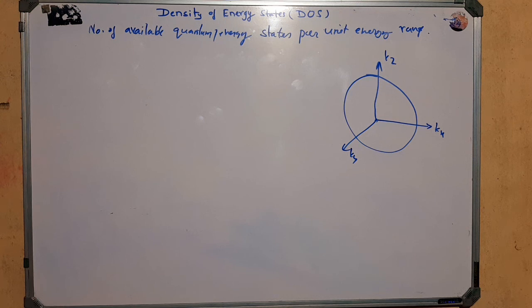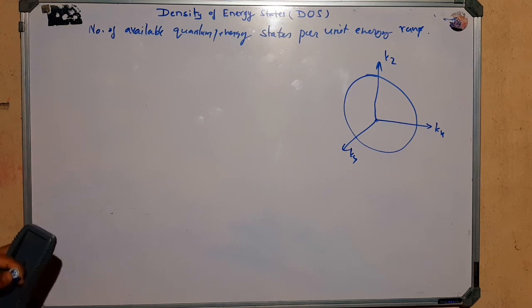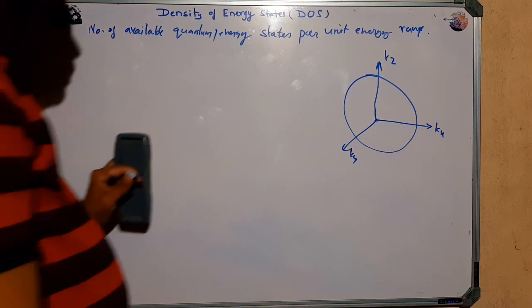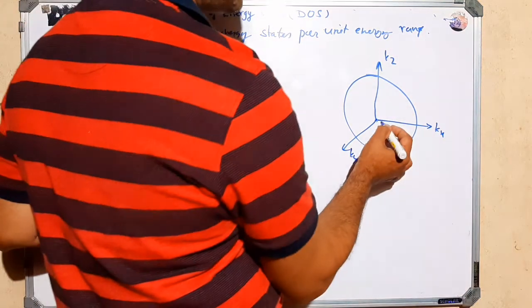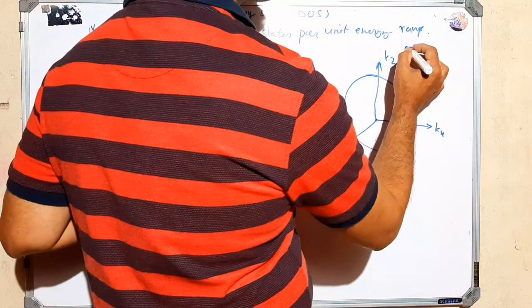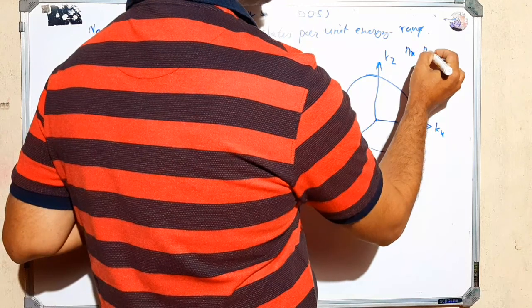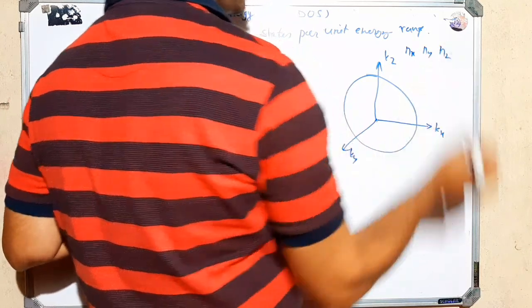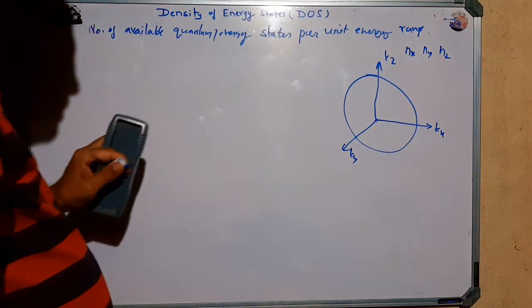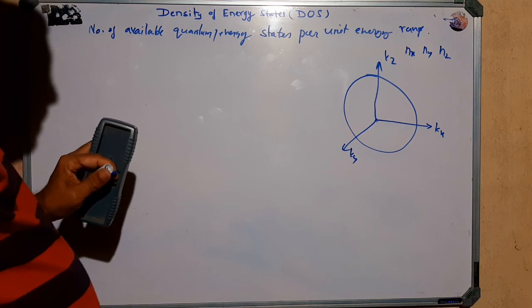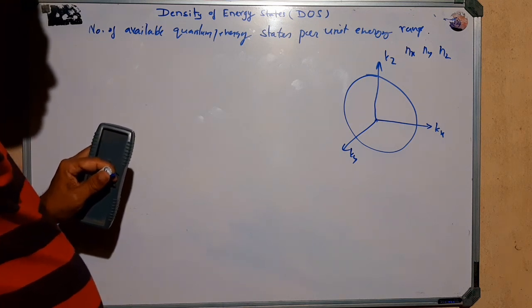Then to calculate the energy states, what you have to consider is 3 quantum numbers, that is nx, ny and nz. All 3 quantum numbers are positive.